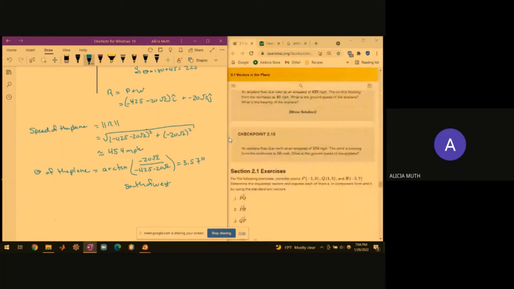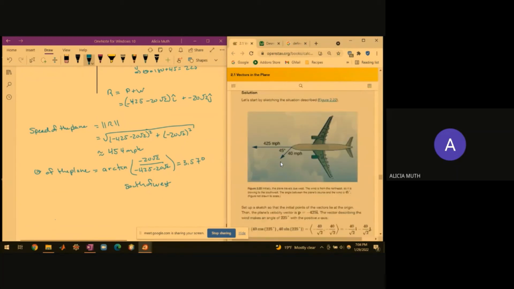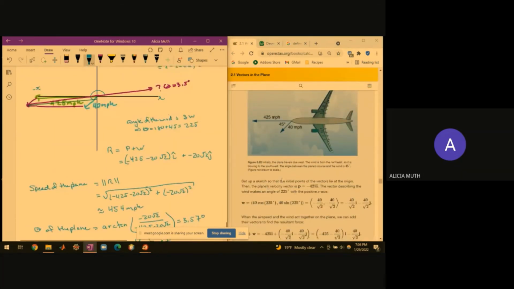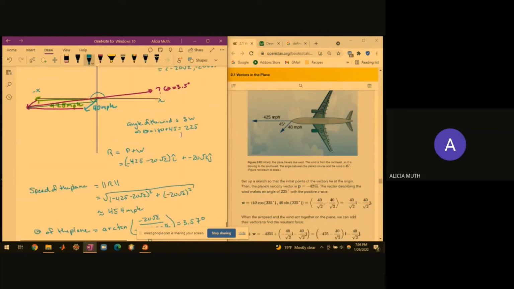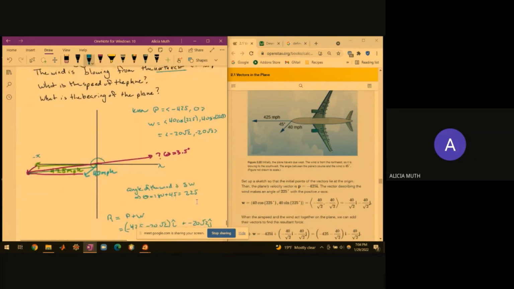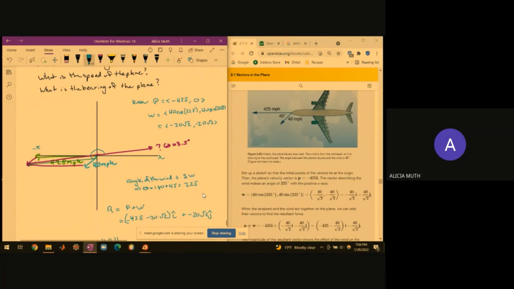Let's go ahead and take a look at the solution and see if we've gotten this right. All right, so they started out by taking a look at the plane velocity vector, which it called negative 425i. So they're using their components there. And then the vector with the wind has this positive angle of 225 degrees.